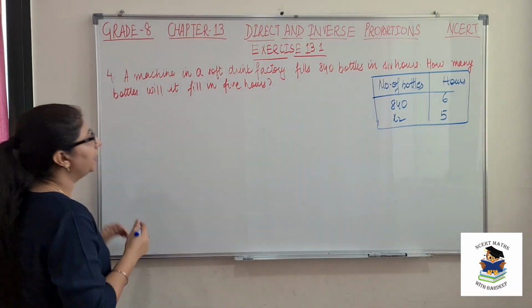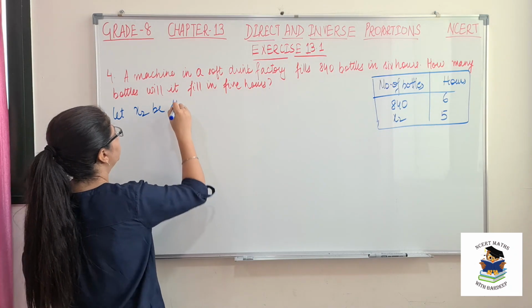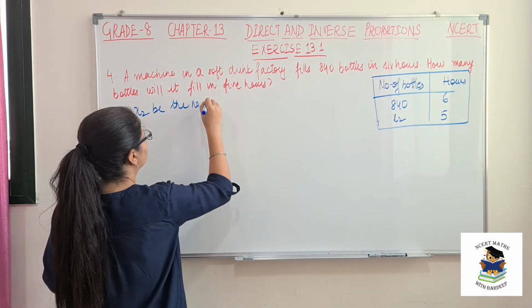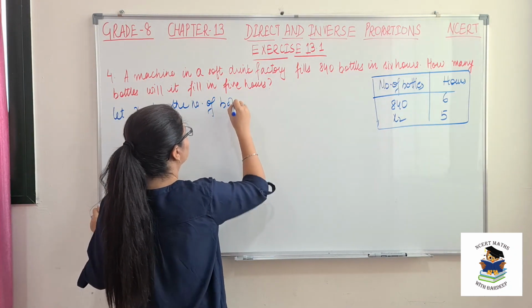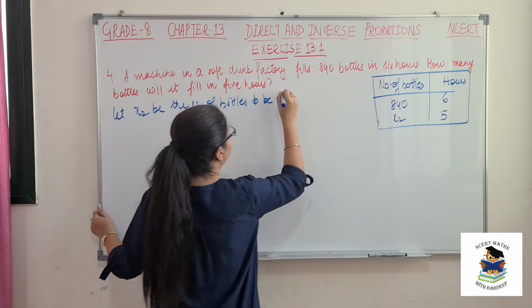Okay, so how to write? Let x2 be the number of bottles to be filled in 5 hours.